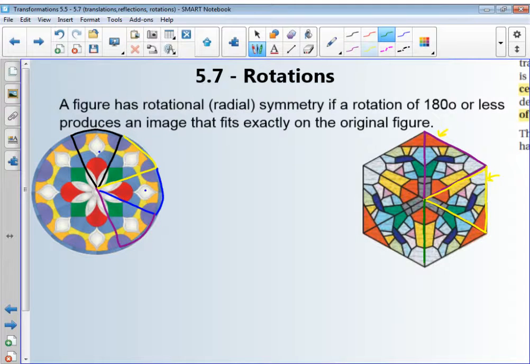If I trace over this, okay, we can see that this one that's up here looks like my green one that's right here. So there I'm seeing rotational symmetry. It lands exactly in the same position. The colors are the same and in the same positions.